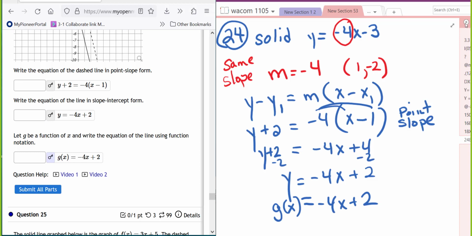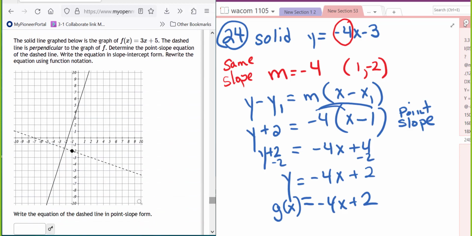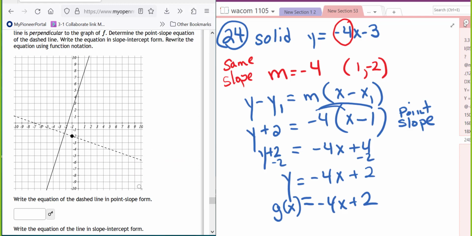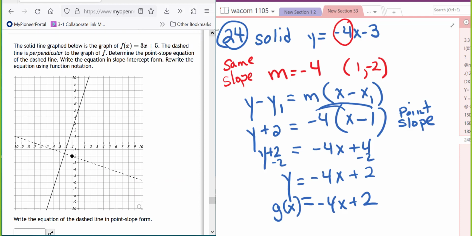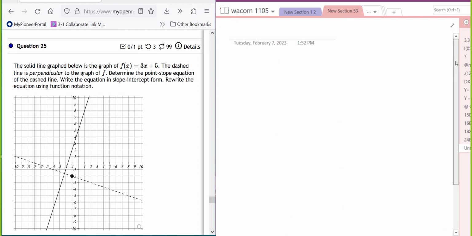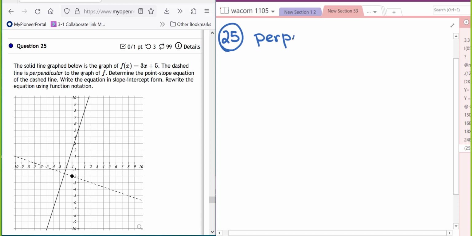All right, have one more picked. Okay, and this one's given us perpendicular lines. And perpendicular lines have slopes that are negative reciprocals.